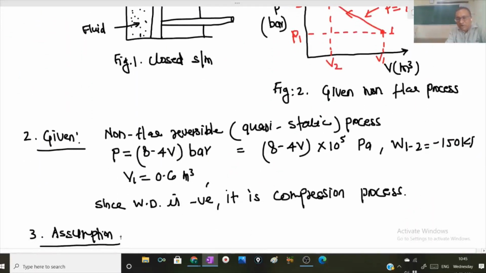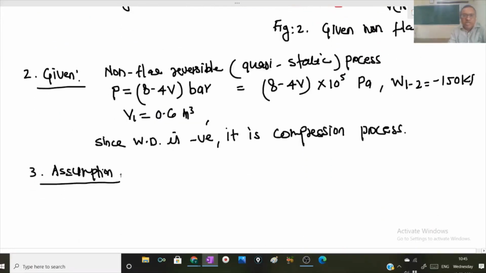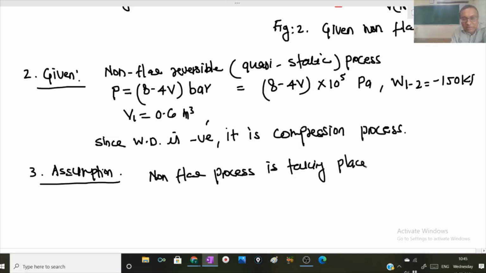Based upon the non-flow process, I have assumed it is a closed system. So I can make that assumption: the non-flow process is taking place in a closed system, or the given system is a closed system. That is my assumption.